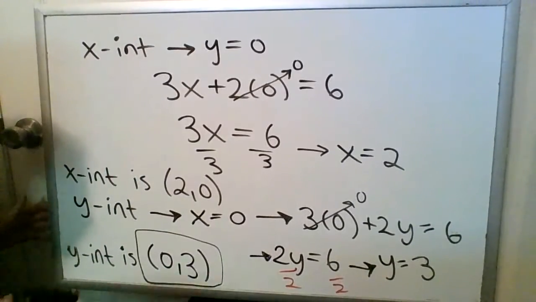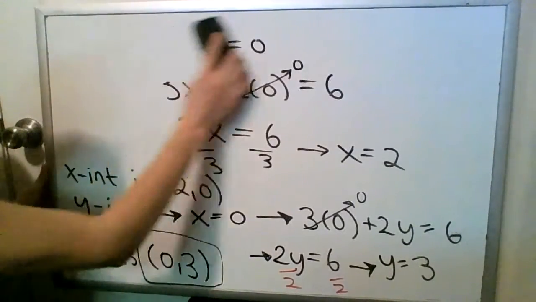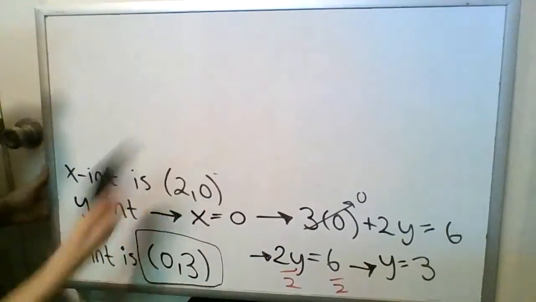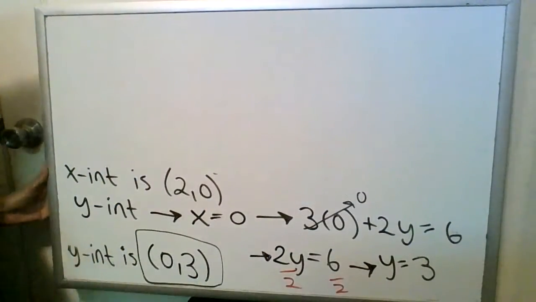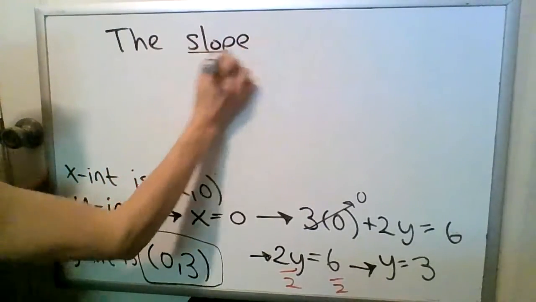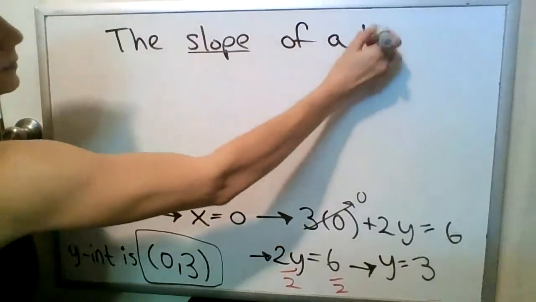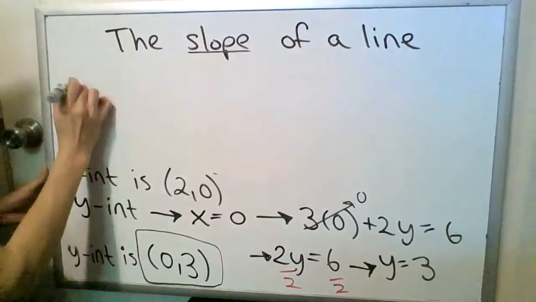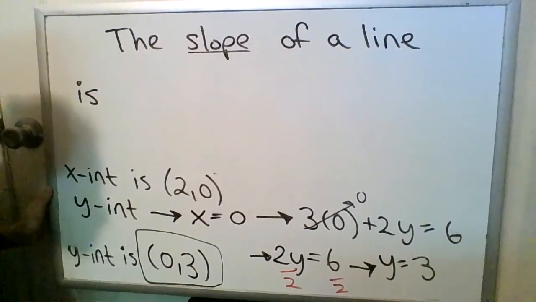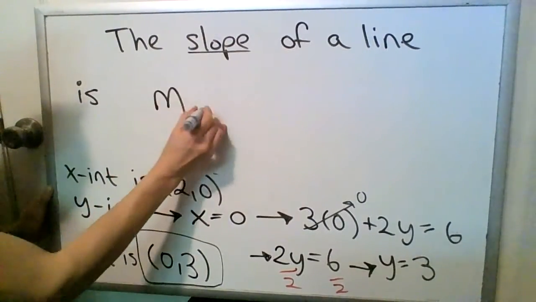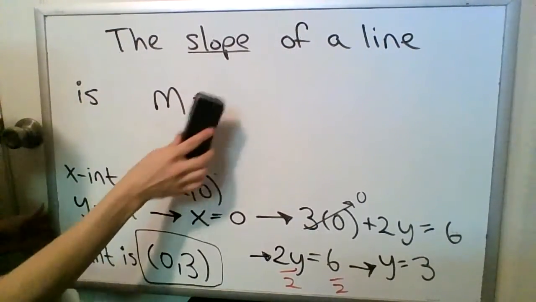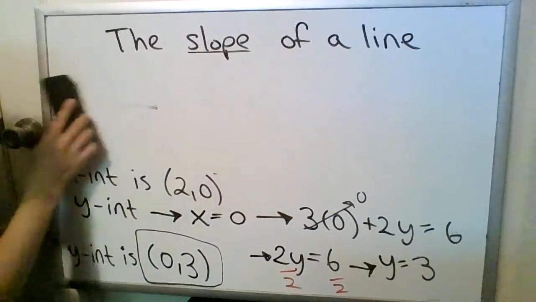Next, we want to talk about the slope of a line. For slope, we use lowercase m. We need some more information.